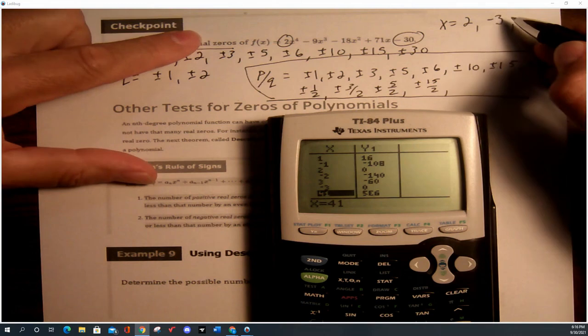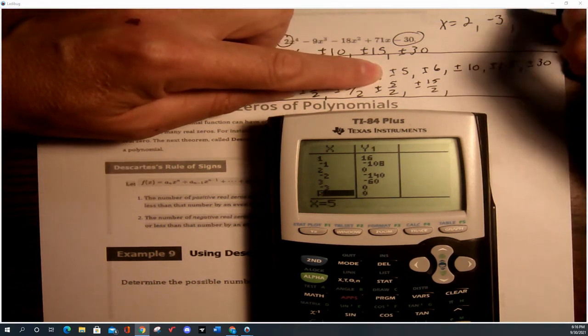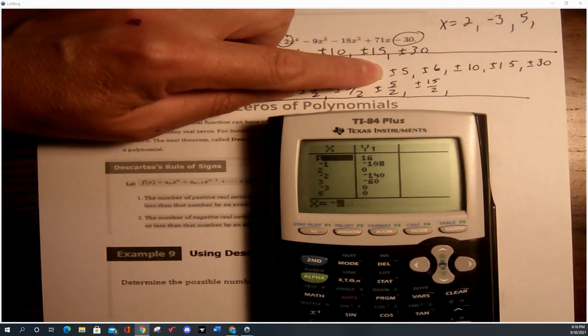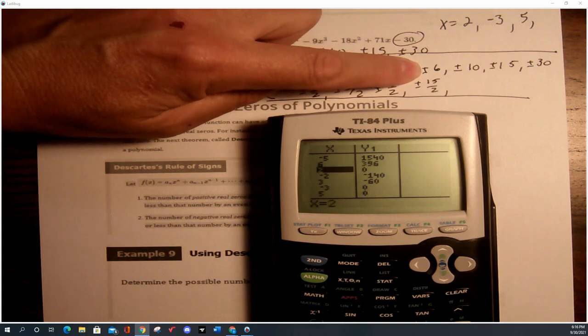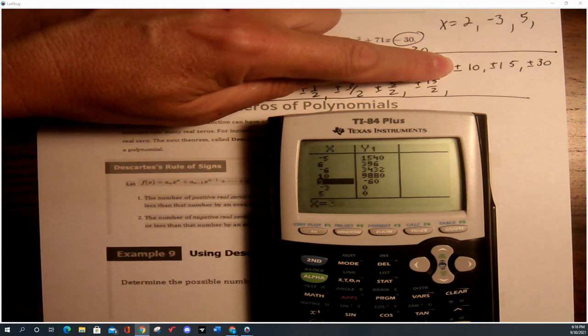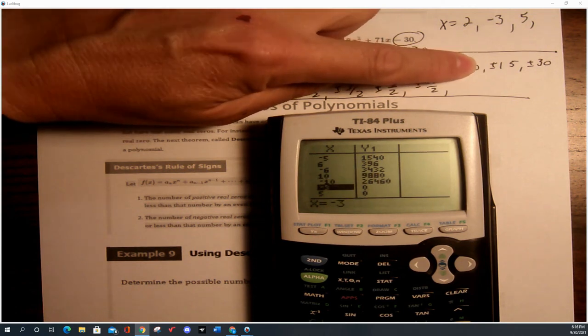All right, so -3 works. I type it in. Keep on going. 5. 5 works. Let me write it down. Let's type in a -5. Nope. 6. -6. 10. -10. 15.